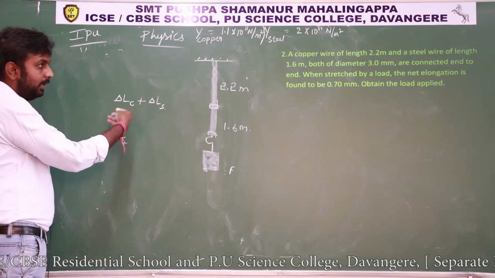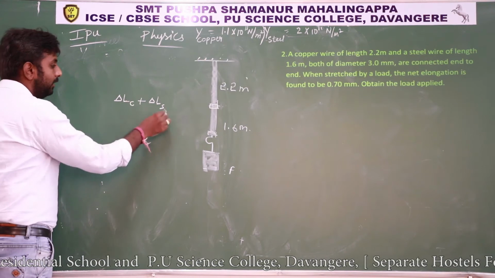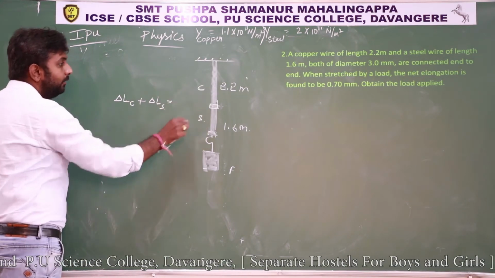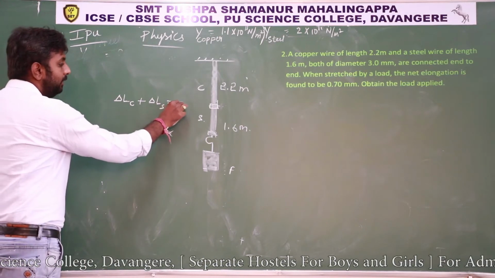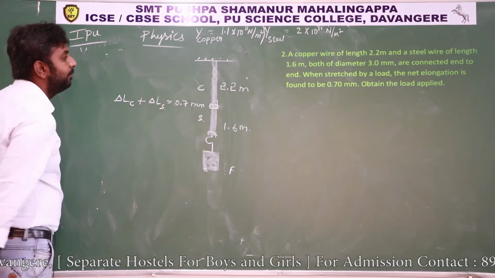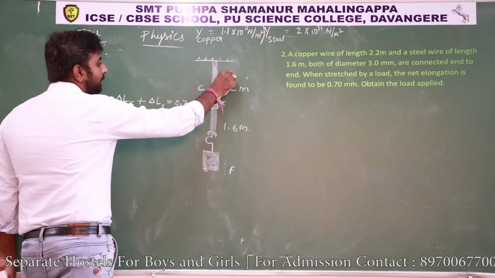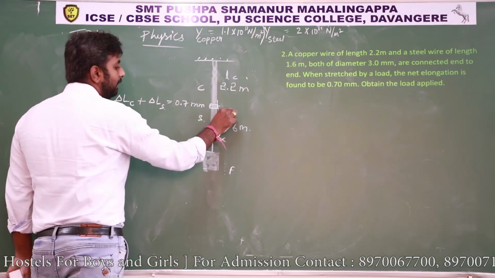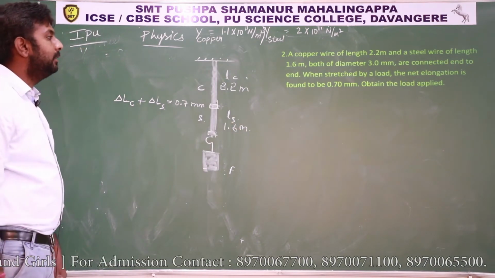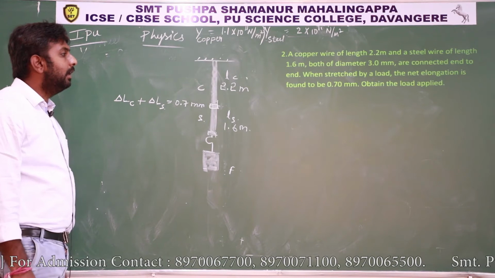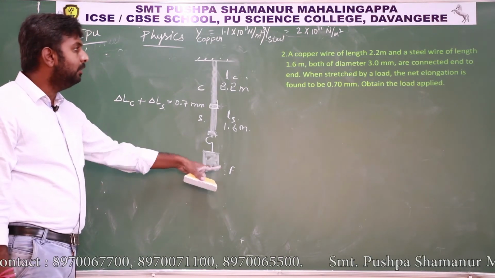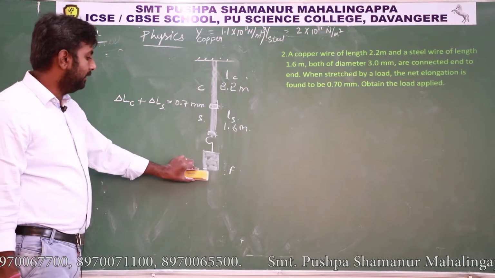This is total elongation, and that value is given, 0.7 millimeter. Length of copper is given, length of steel is given, and diameter also given. We have to find the load applied, that means the F value we have to calculate.